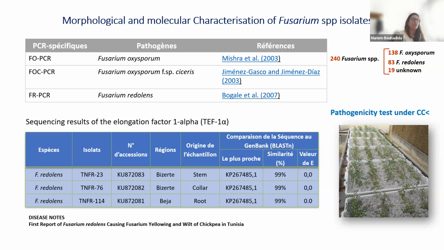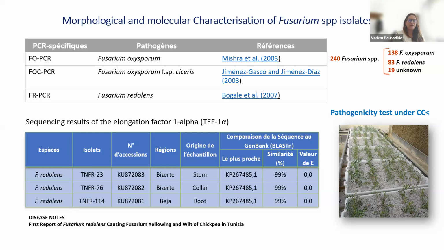After doing this pathogenicity test, we discovered that Fusarium redolens is also one of the Fusarium species involved in the problem of wilting that we are observing in our chickpea growing areas.